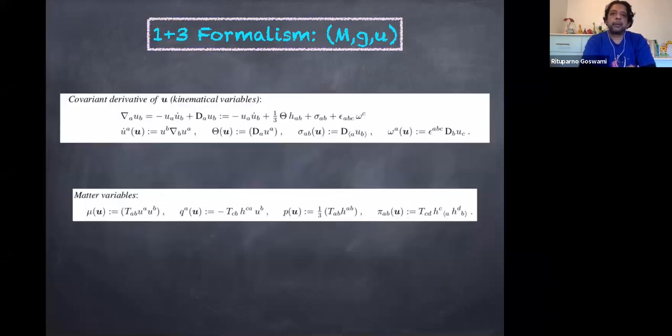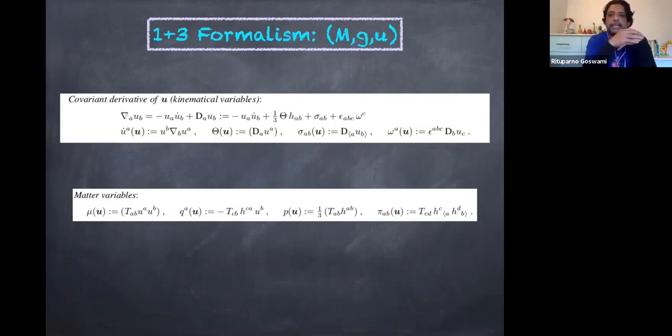Then what are our kinematical variables? When we define a family of, say, time-like congruence, the obvious geometrical choices are the expansion, how the congruence is coming near each other or going apart from each other, which for the Friedmann-Robertson-Walker model is just 3 times the Hubble parameter.